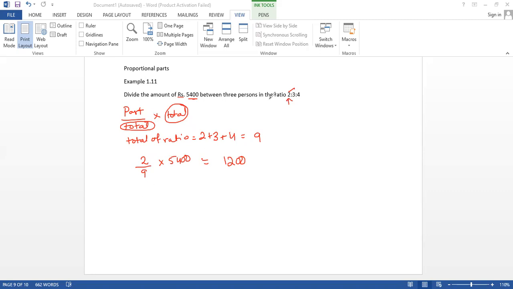Similarly, for the person who has the third of the ratio, that would be 3 over 9 multiplied by 5,400, which gives you 1,800. And if you want to calculate it for the fourth one, this would be the amount for the fourth one. Now the sum of all of these three should again be equal to 5,400. So this is how you have distributed that amount of money.